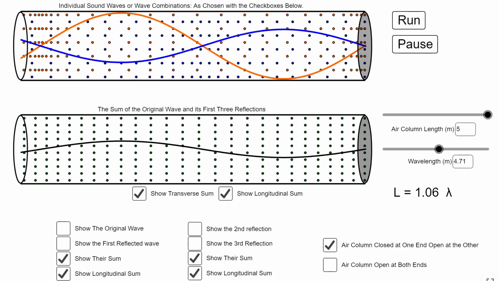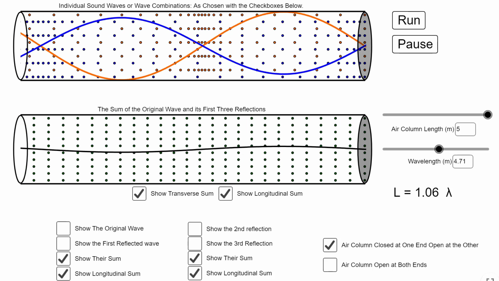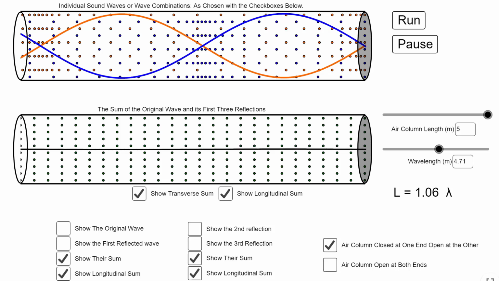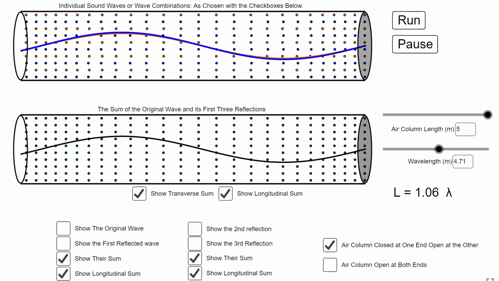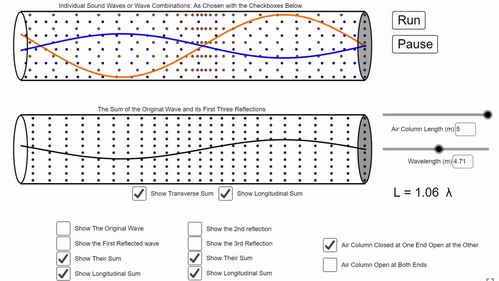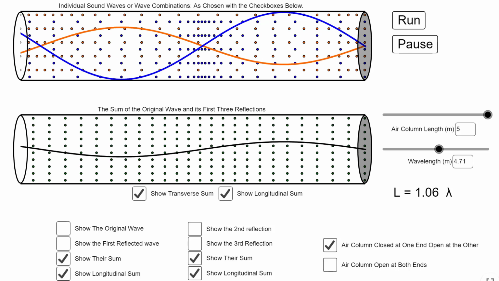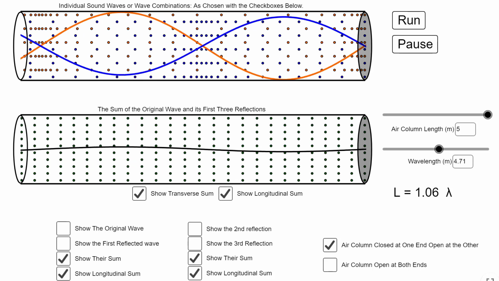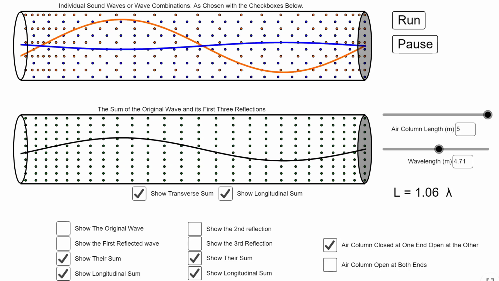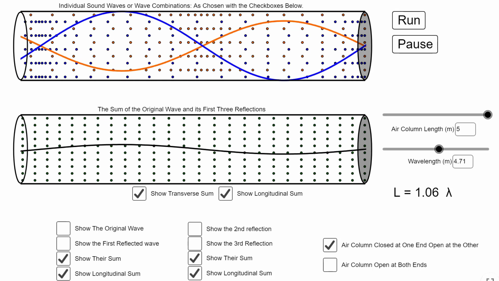And when the condition is satisfied, the resultant of the two waves is the black wave, the standing wave at the bottom tube here. So we see the particles oscillate back and forth. Now let's look carefully into the bottom.